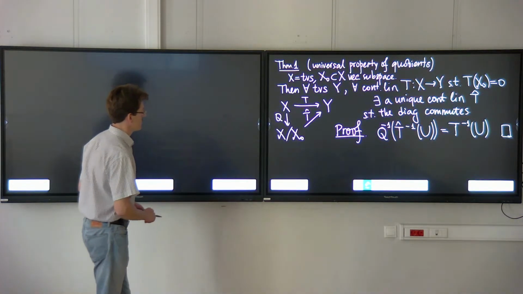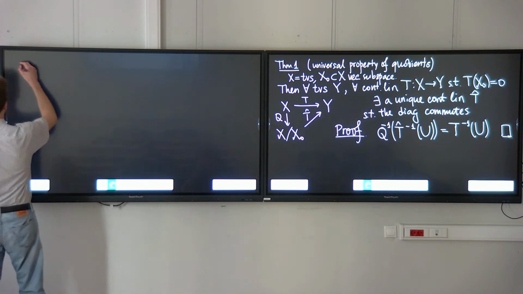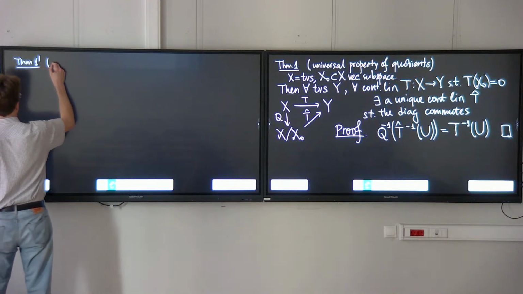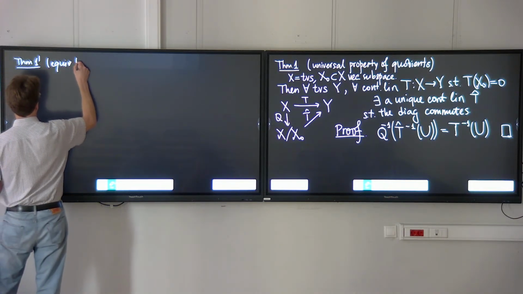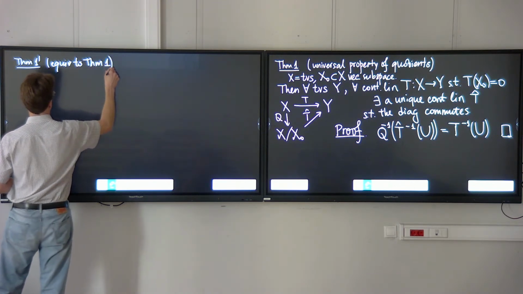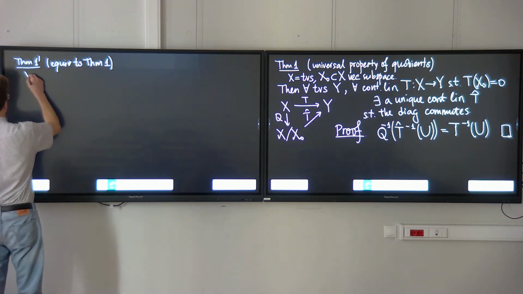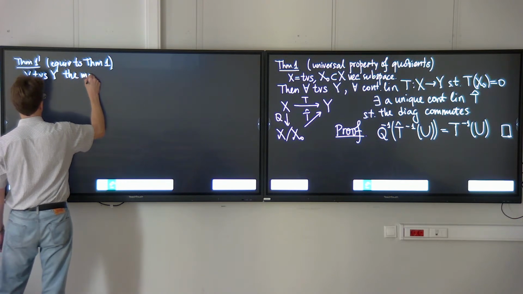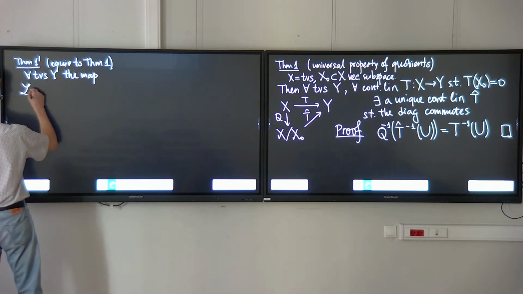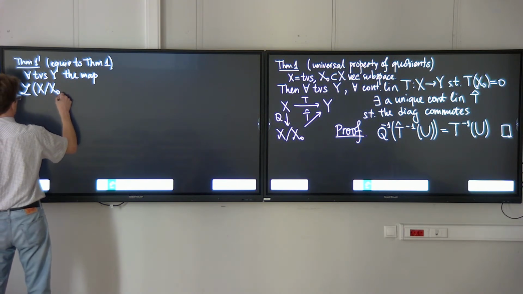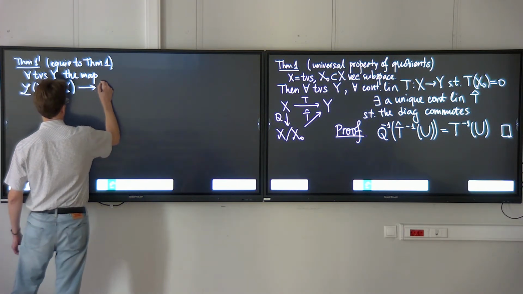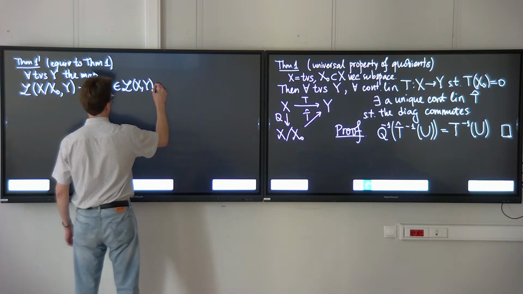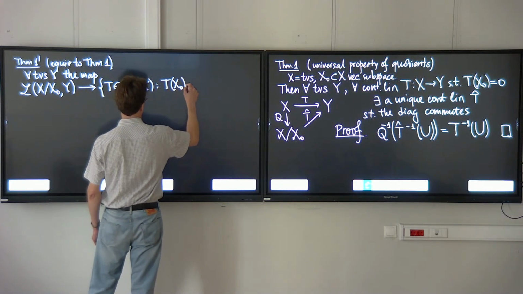This result, the universal property of quotients, can equivalently be stated as follows. Theorem 1 prime, which is basically equivalent to theorem 1. For every topological vector space Y, we may consider the following map, which acts from the space of all continuous linear operators from the quotient to Y to the space of those continuous linear operators from X to Y, which vanish at X0.